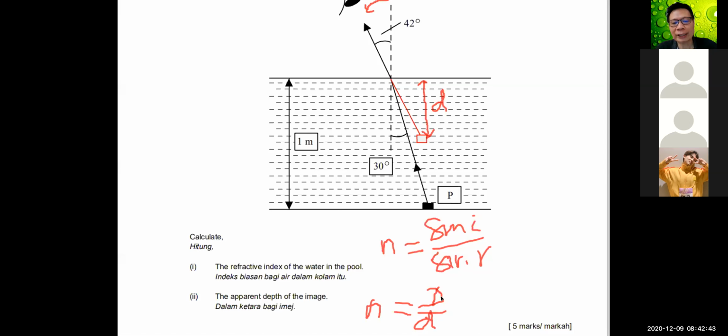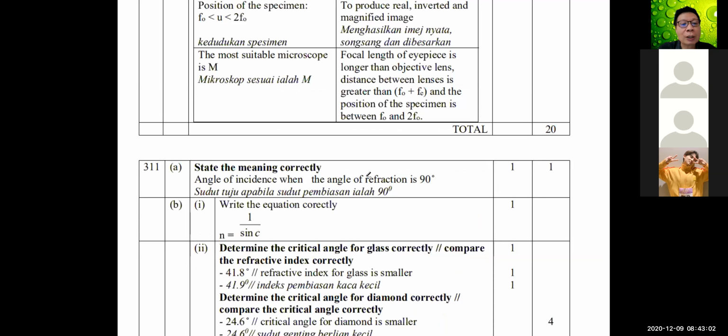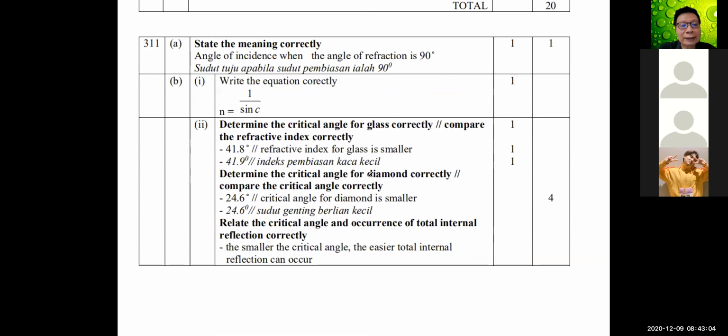First one, second one, very simple. You get this refractive index and put it here. Real depth is 1 meter, so you find the apparent depth. Very easy to get the answer now. Now check your answer, please.